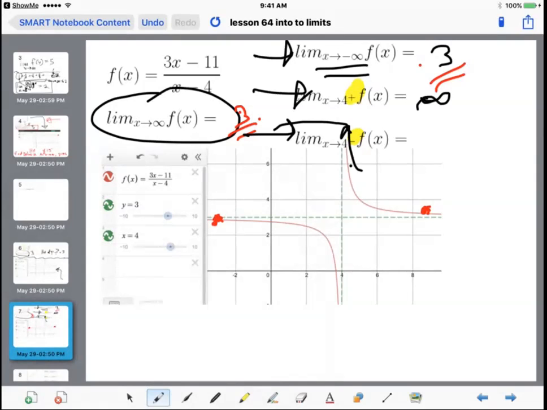That can have the same answer. And this one actually is negative infinity for the second question, because here's 4. And as I'm on this graph going towards x equals 4, like x equals 3.999 or whatever, see how it becomes negative infinity.